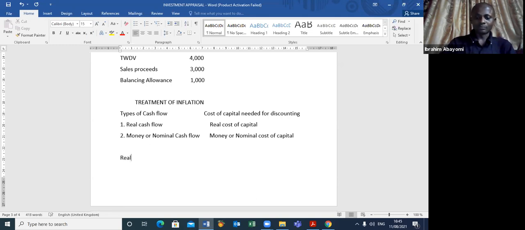Now, real cash flow can be called by several other names apart from real.